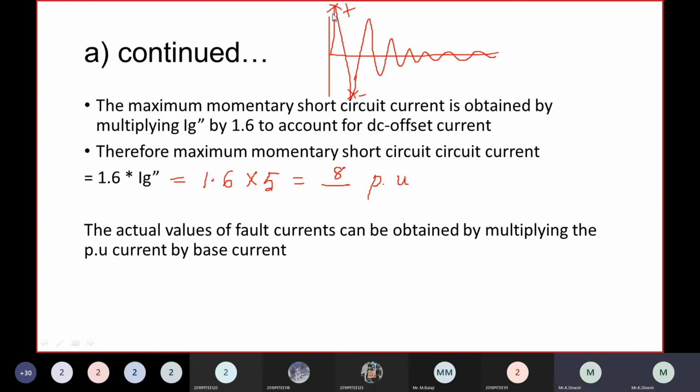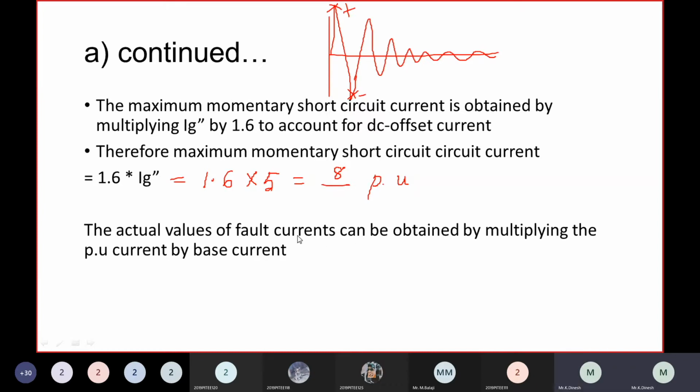The maximum momentary short circuit current is obtained by multiplying Ig double dash by 1.6 to account for the DC offset current. So I am multiplying 1.6 with 5, and I have 8 per unit.